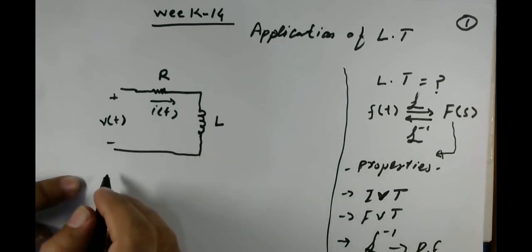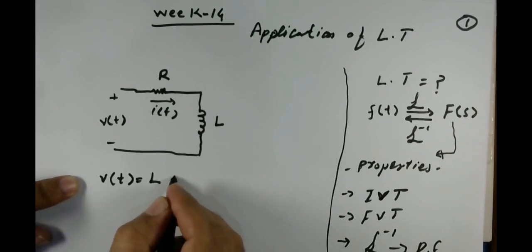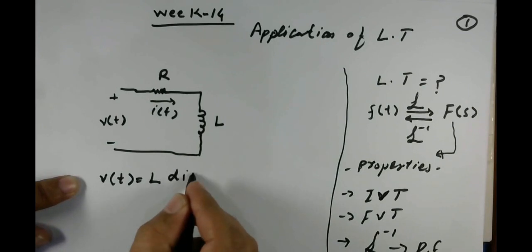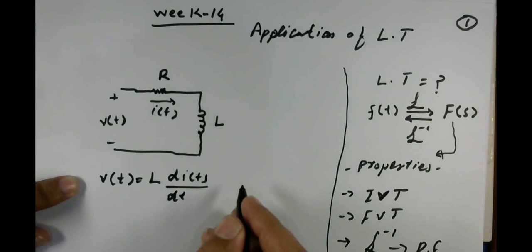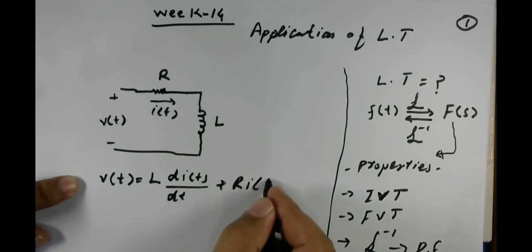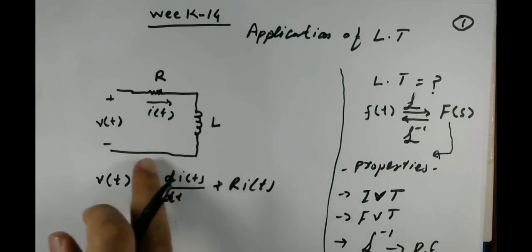If I write the equation for this, it will be V of t equal to L di of t by dt plus R I of t. And my goal here is to find I of t.